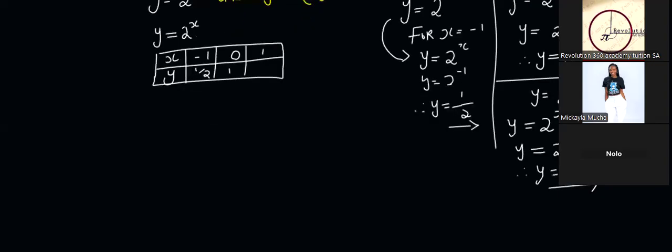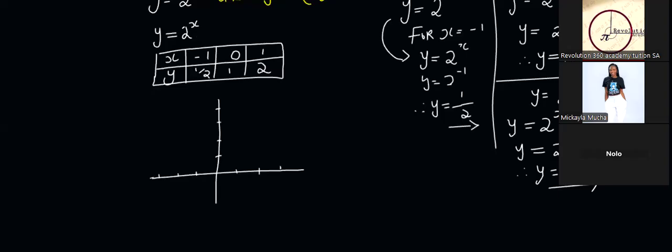When you're drawing your graph, make sure that you are having a Cartesian plane. So that is going to be 1, 2, 3, 4. And that's going to be 1, 2, 3. That's going to be 1, 2, 3. Remember, this is 1, 2, 3. All of these are negative.